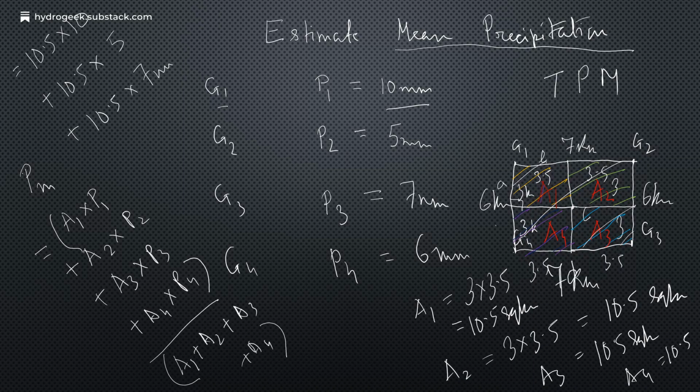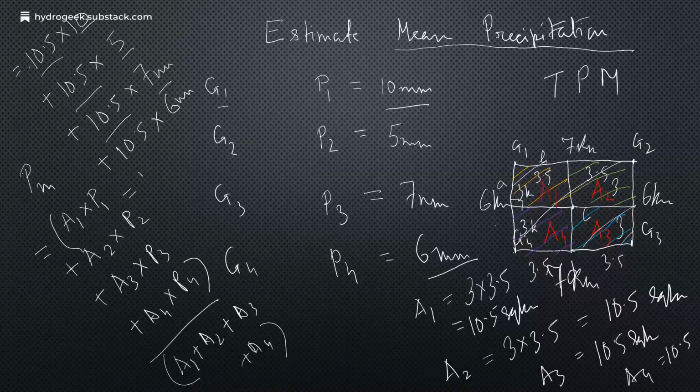Now note that these are all in millimeters, but this is in kilometers, correct? So plus your P4, this one. So 10.5, and this will be 6 millimeter. Now as A1 to A4 are all 10.5, take 10.5 common.